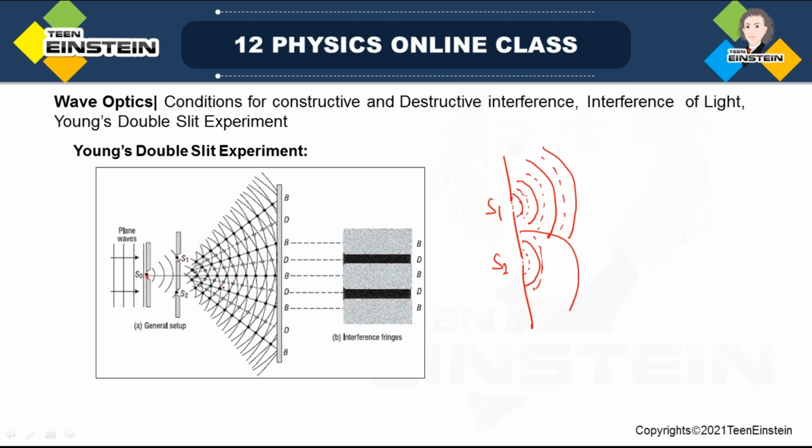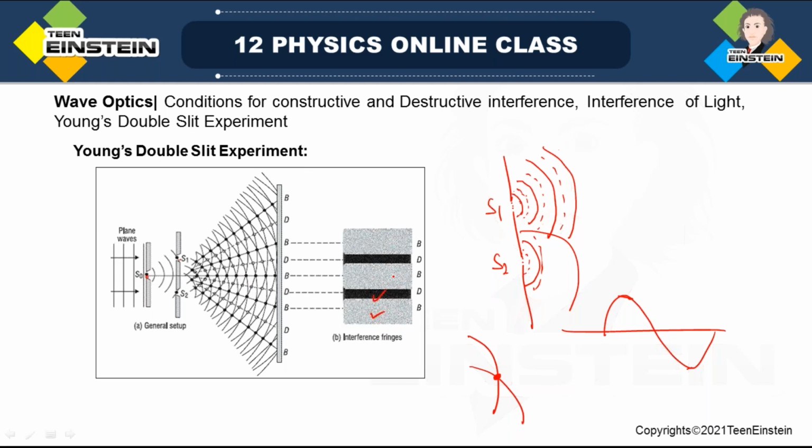While spreading out, upon superposing, when the two waves superpose in phase, they will give bright bands, and when they superpose out of phase, they will give dark bands.